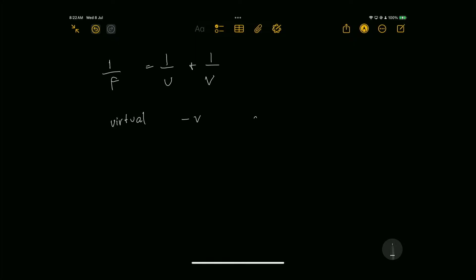This is for images that are on the same side as the object. Right. Now, images that are on the opposite side of the object, we use that as positive, right?